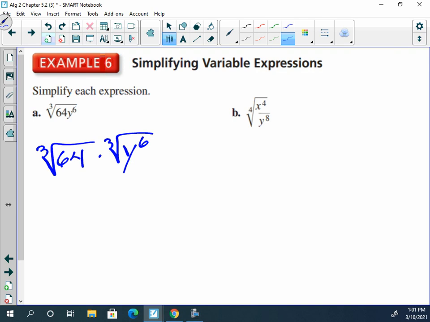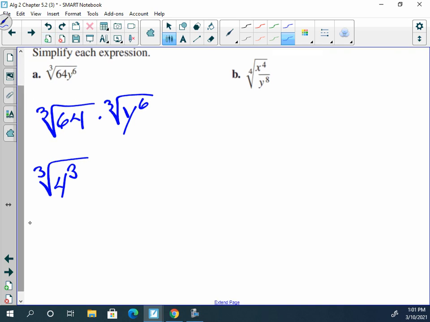What would be the cube root of 64? Right, it's 4, because 4 to the 3rd is 64. So we can simplify that as 4. This cube root of 64 is 4. And it works out nicely. The calculator will do this for us.